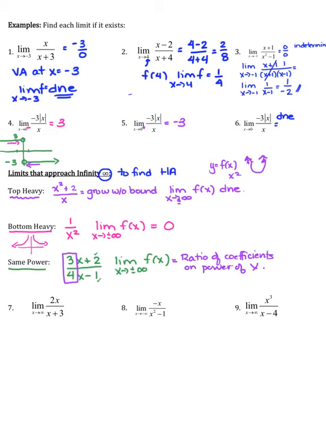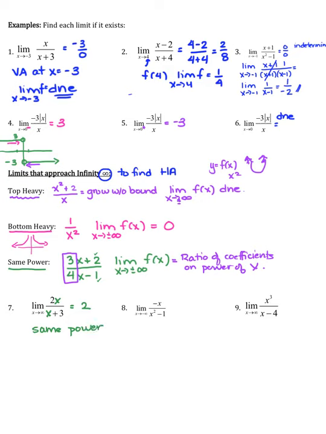So here, this first example, number 7, the limit as x goes to infinity of 2x over x plus 3. I notice that I have the same power of x on top and bottom. So when I look at the ratio of that, it's going to be 2. Because you have the same power. In other words, what was your horizontal asymptote?